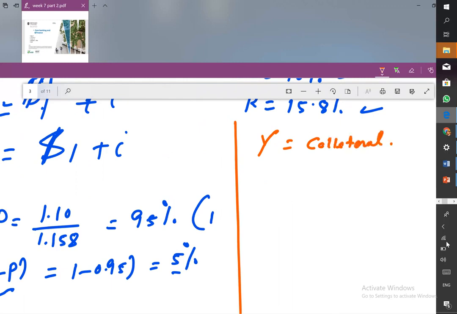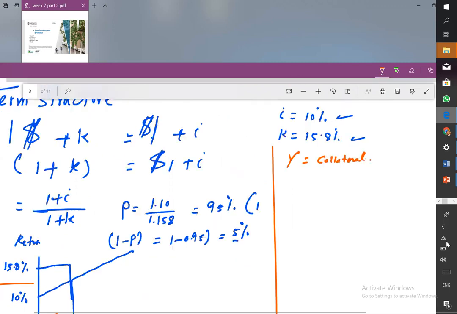Now, when we talk about the collateral, which means if we want to talk about the payoff of our investment, it will be my dollar plus its interest, times its probability of payment, plus my dollar times the probability of defaulting.